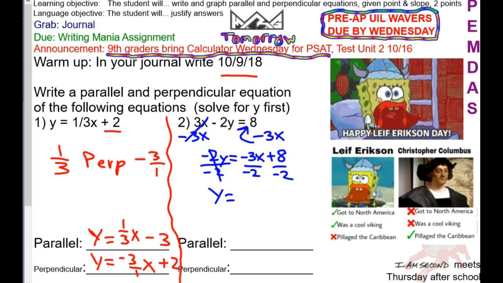So yeah, the negative over negative is a positive, and then we're going to leave it as a fraction, okay? So again, you don't want a decimal. You need rise over run when we're graphing, okay? So 3 over 2 x, and then 8 divided by -2 is -4. You can think of it as adding a -4, but it's the same thing as saying -4.